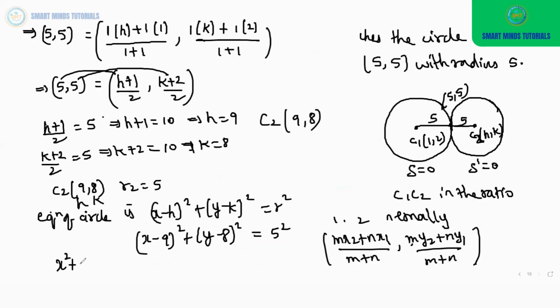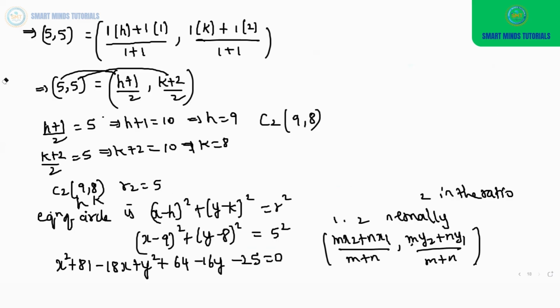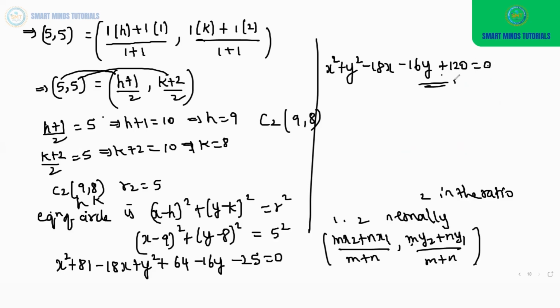Open the brackets: x square plus 81 minus 18x plus y square plus 64 minus 16y minus 25 is equal to 0. So x square plus y square minus 18x minus 16y plus 120 is equal to 0. 81 plus 64 is 145. 145 minus 25 is 120.